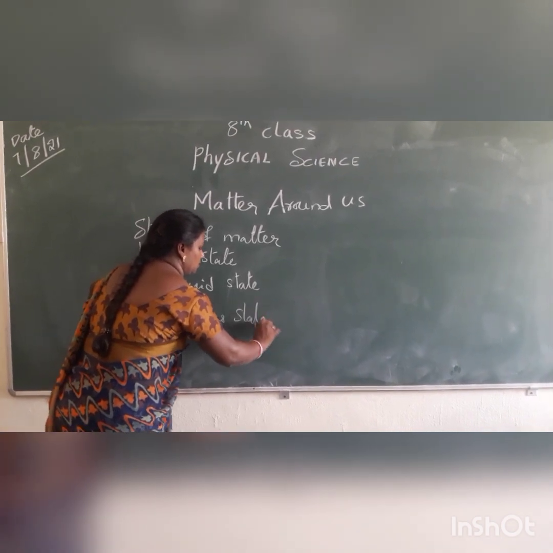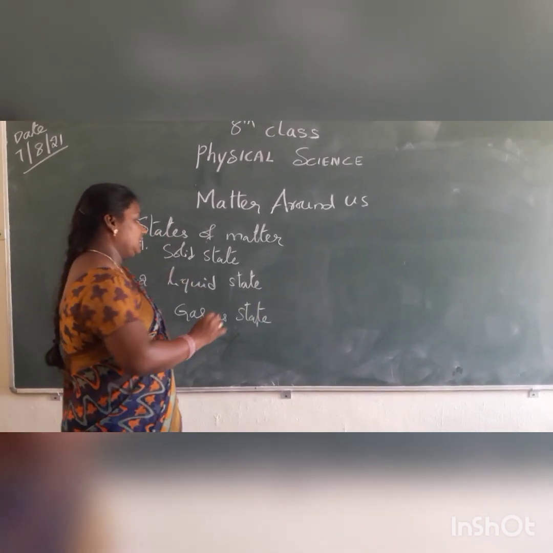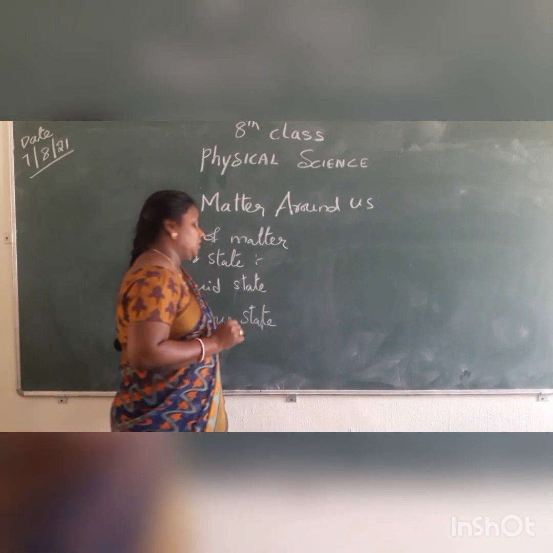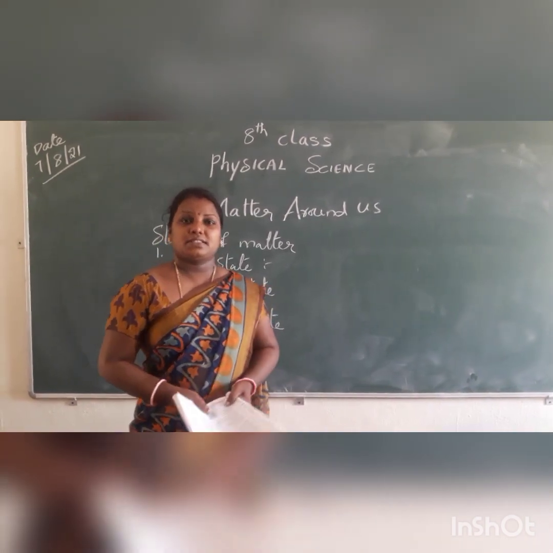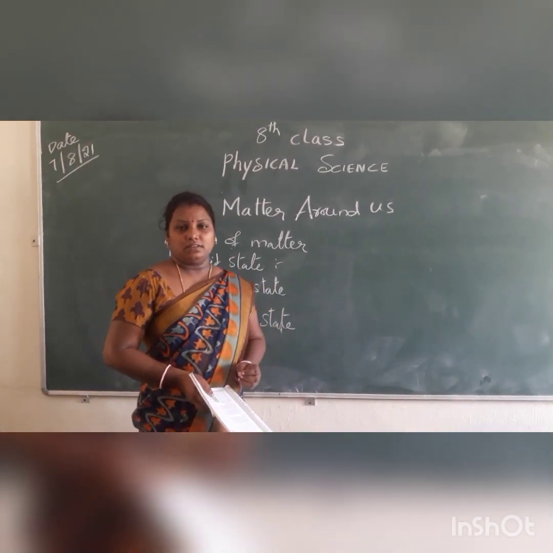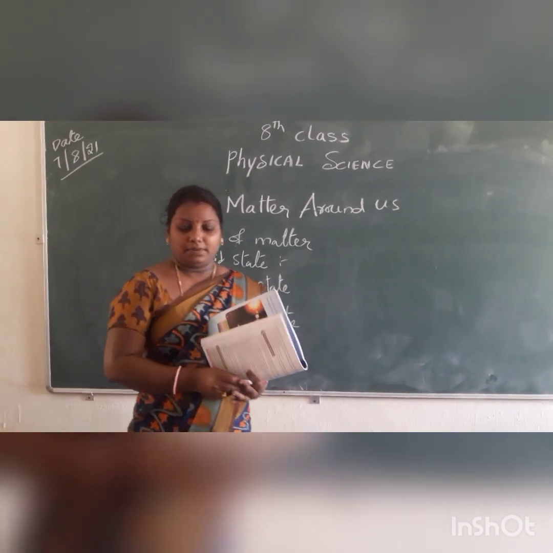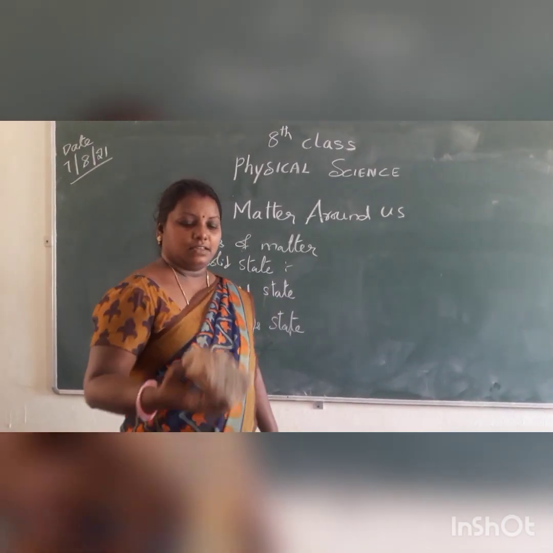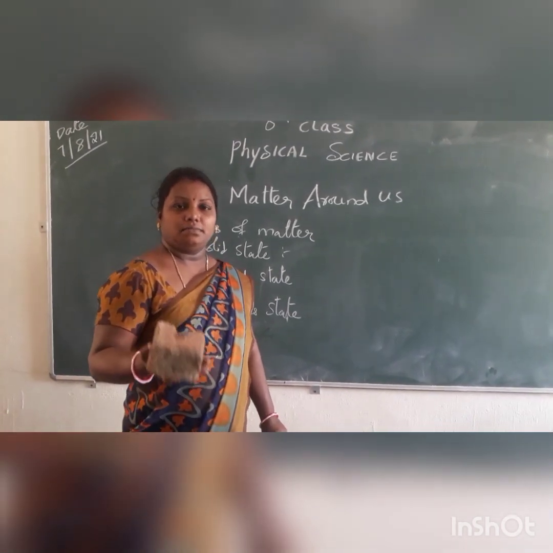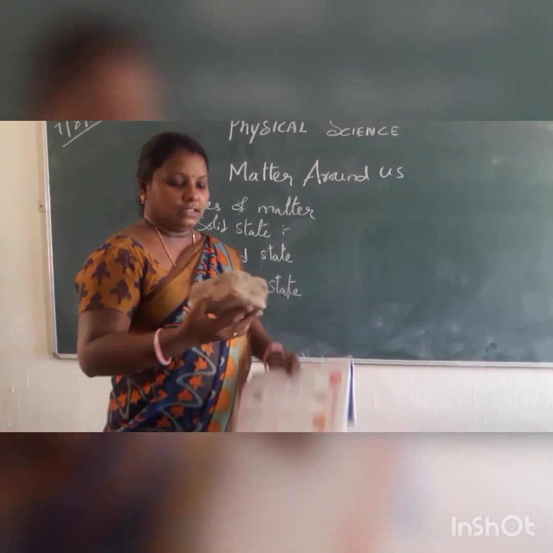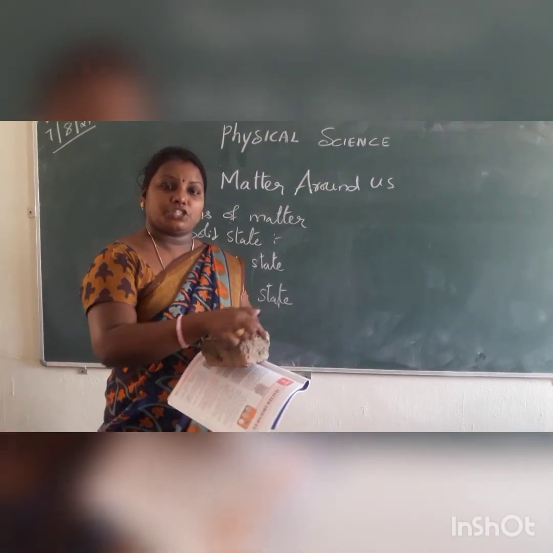Solid substances have a fixed particular shape and a fixed volume. For example, look at this brick. It has some volume and it has a particular shape.